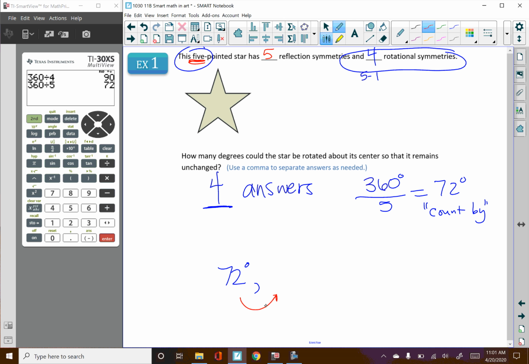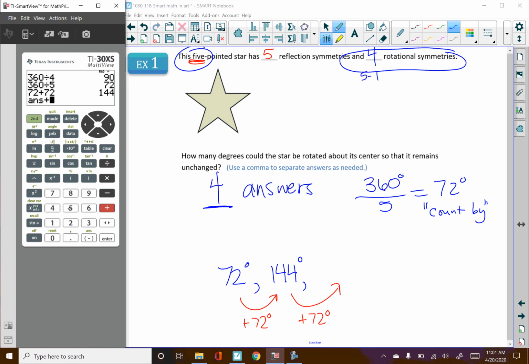So we will add 72, which is 144, would be our next answer with the comma, and then we'll just keep that process going. We're just going to keep counting out by 72. So we get 216 as our next answer. And we're looking for 4 answers here, so we have one more.